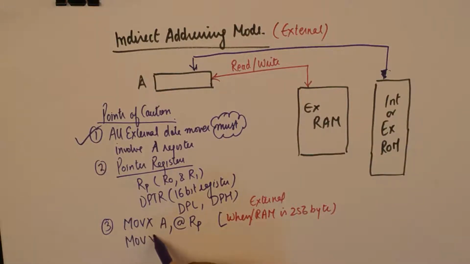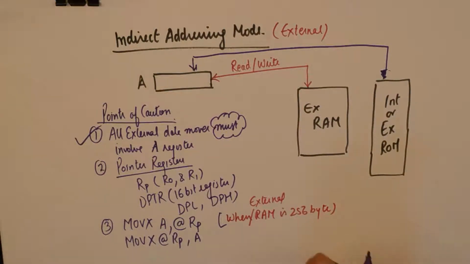We can use this also. We can send the data to some external RAM's location, but before we do that we must put the address in R0 and R1, which is explained earlier.